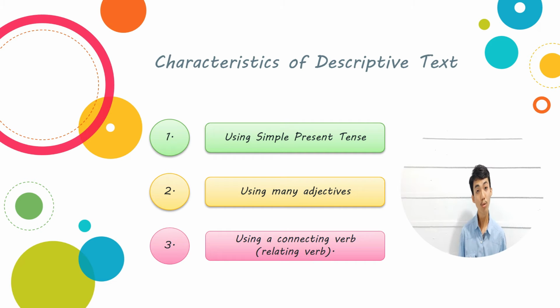Suppose you want to describe your bedroom, you can use the sentence, the color of my bedroom is blue.